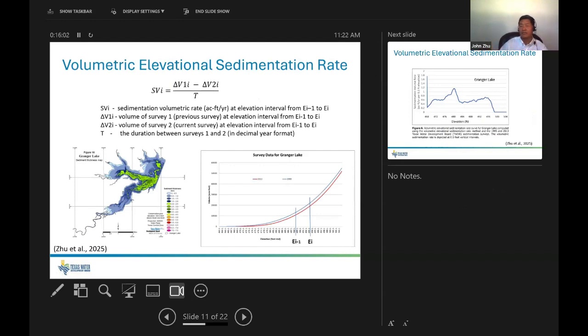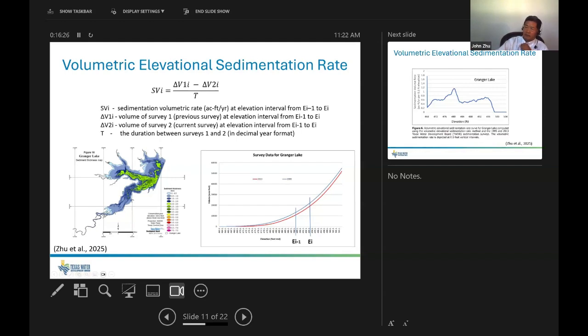One is the older survey, one is the newer survey. Because in older time the reservoir is relatively larger, and then with the sediment filling, it becomes smaller. So we take an example, Lake Granger, we call it Granger Lake.